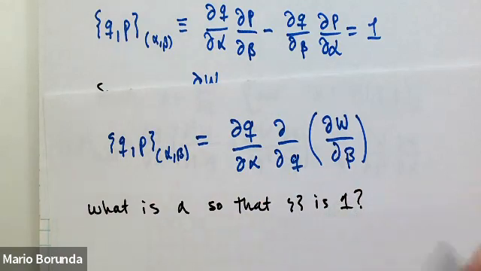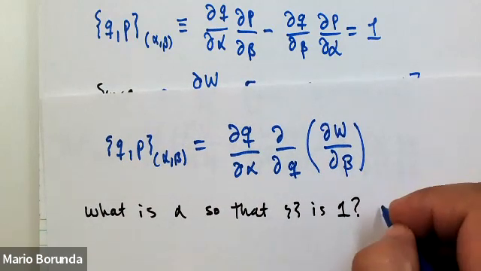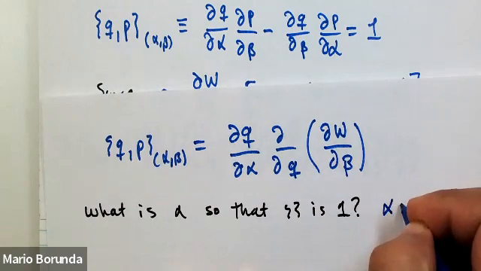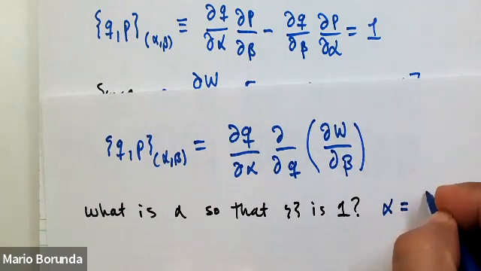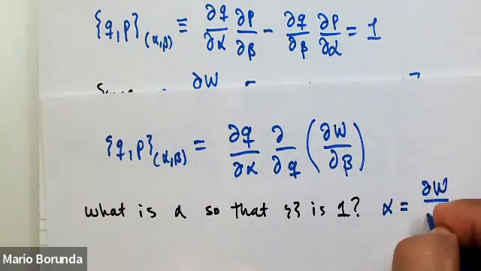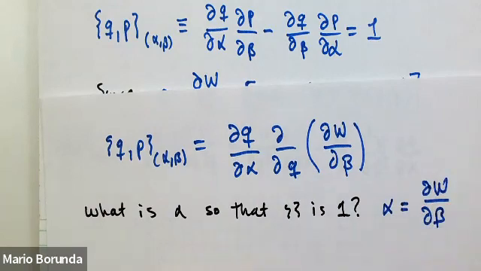And that's the question. What is alpha so that that turns into 1? So that would make it such that alpha has to be dW d beta.